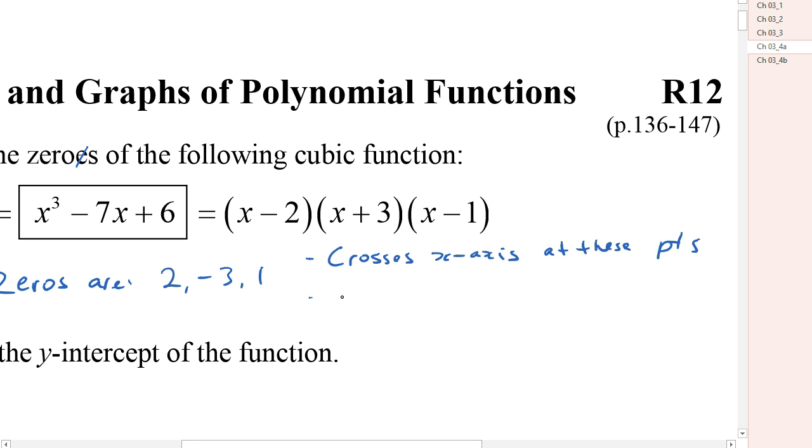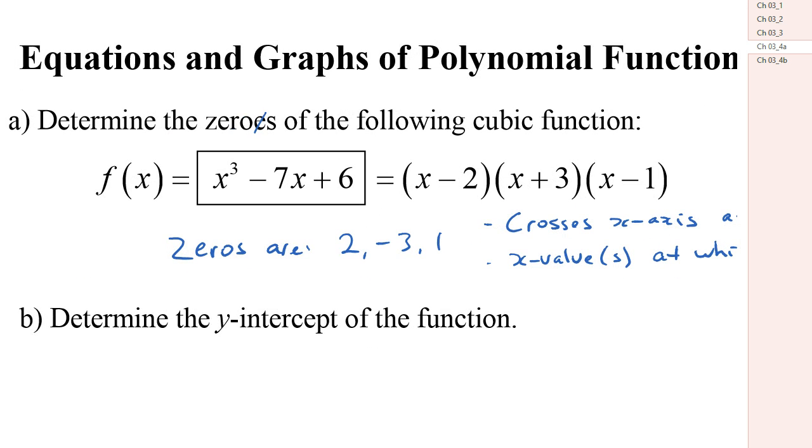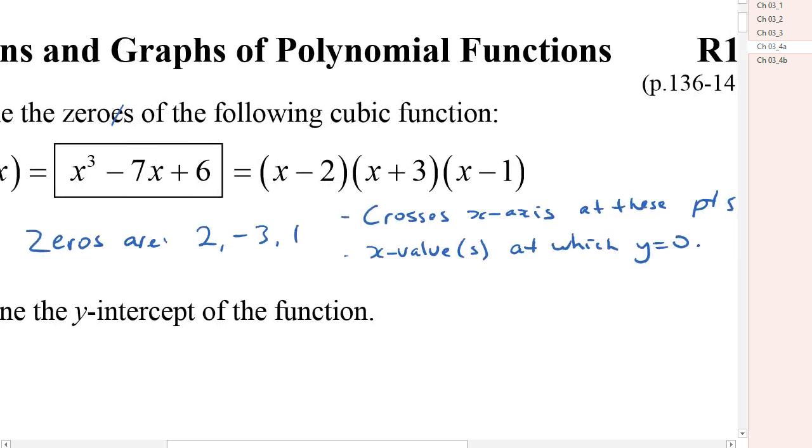It's also another kind of definition: the x values at which y is equal to 0. So, sorry, x value, that's right. So if x is 2, then this term becomes 0, and thus the whole thing becomes 0.